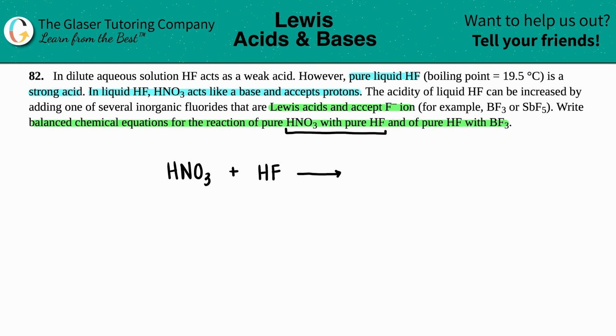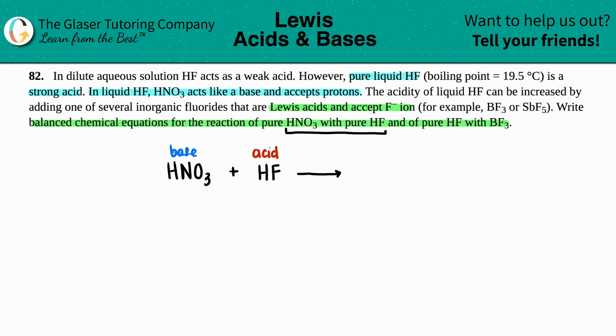So maybe I'll write that one down in red for acid. And then they say again that in this liquid HF, which is the pure HF, HNO3 is the base. So in this case, HNO3 usually acts as an acid, but here it's a base. So let's just find out what happens.